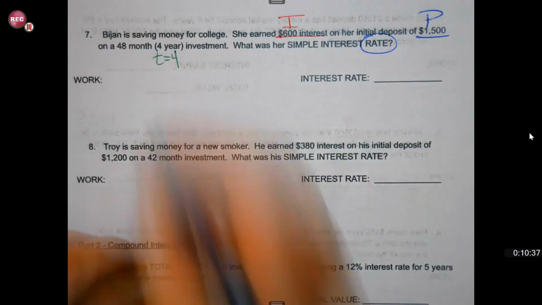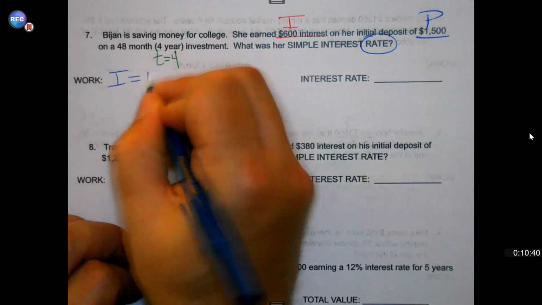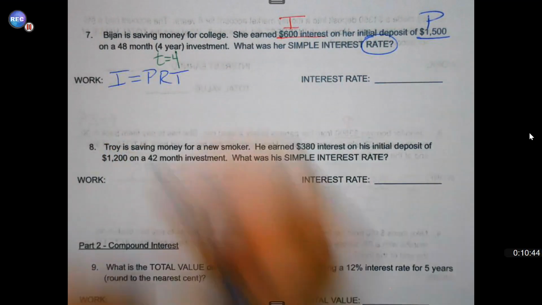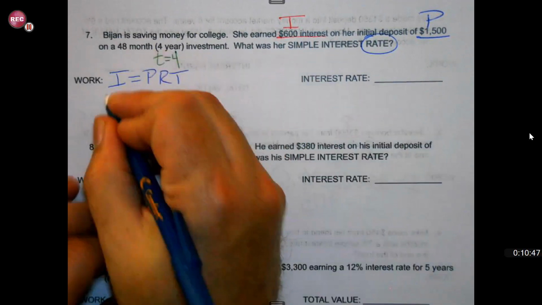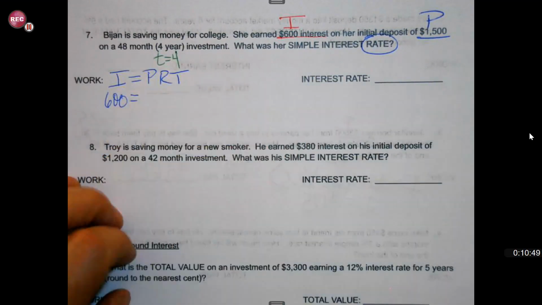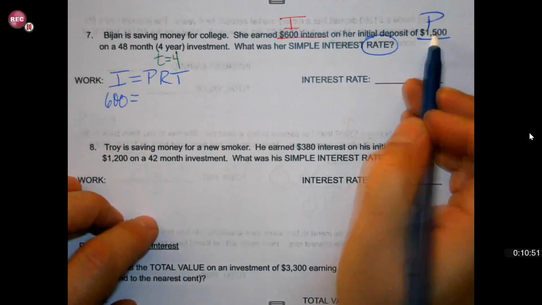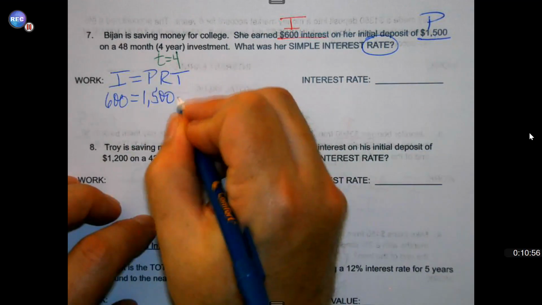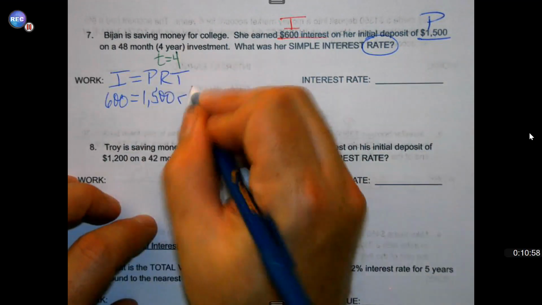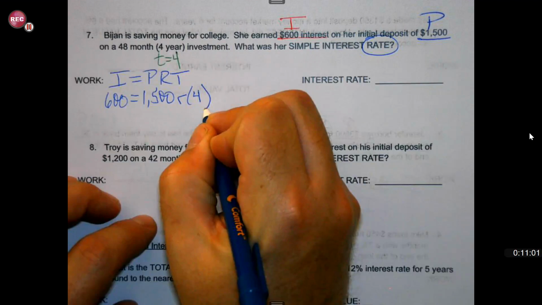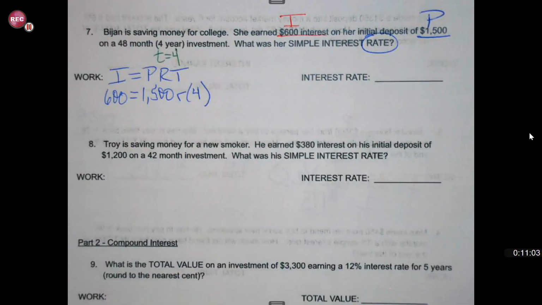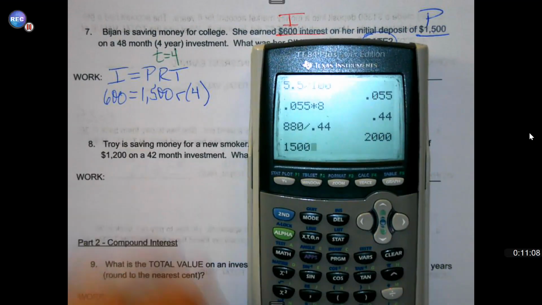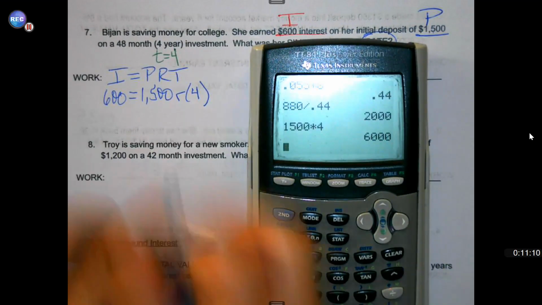So, again, I'm a fan of jotting down the formula and just plugging in the stuff I have. So I have I, I have P. I do not have R, but I have T. So just like we did on number 5, except that it's a different variable, multiply the two values together that you have.